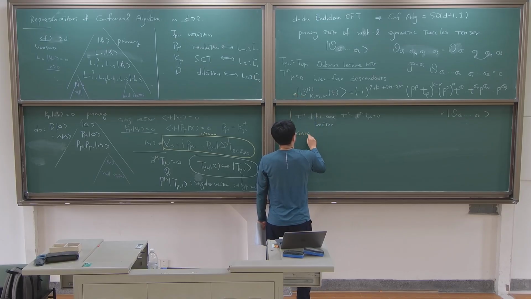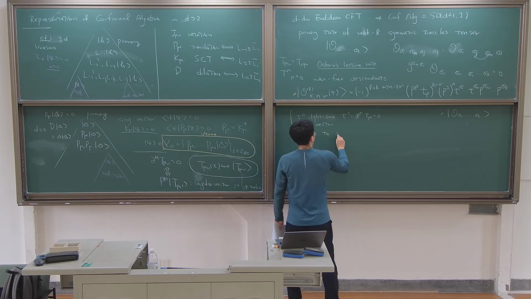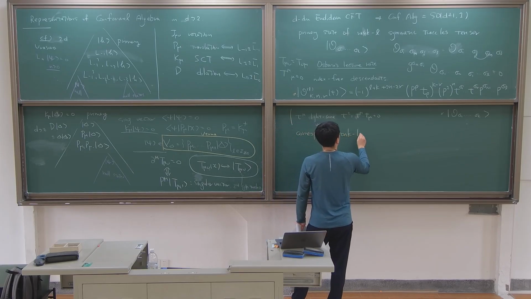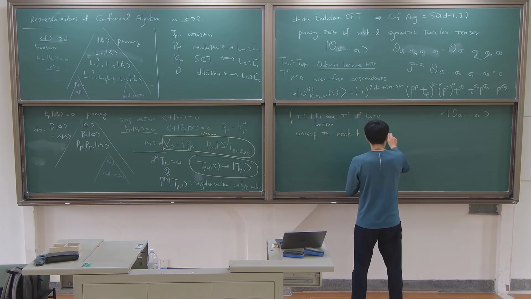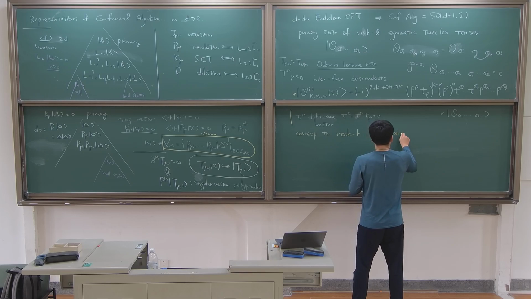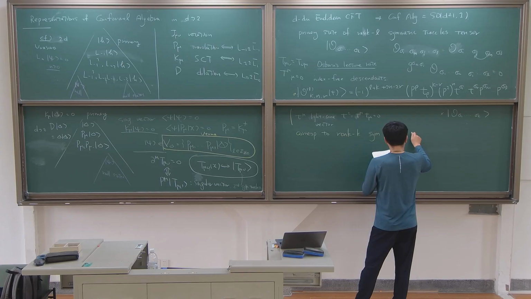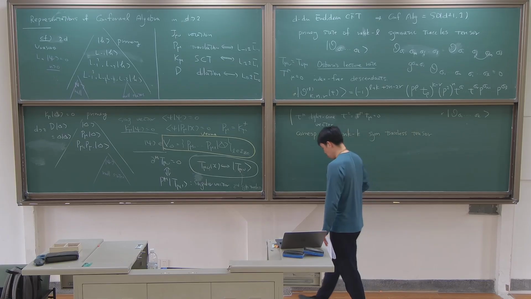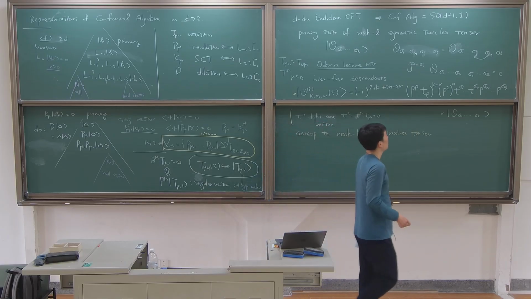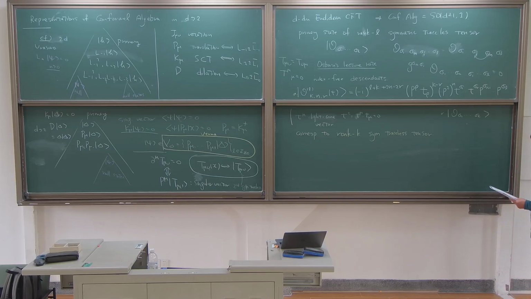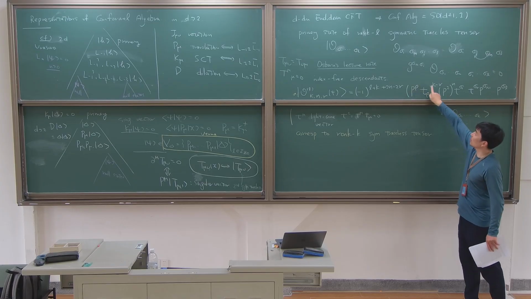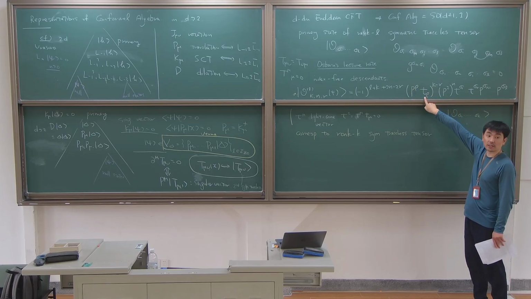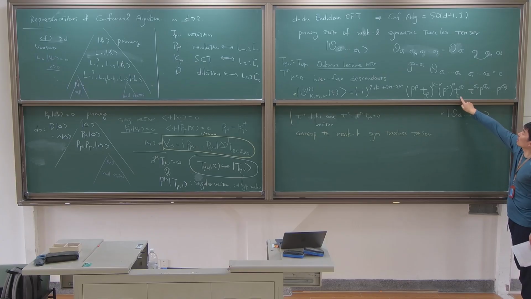to a rank K symmetric traceless tensor. K means rank K, where K minus R T is coming from here, and also R T here.